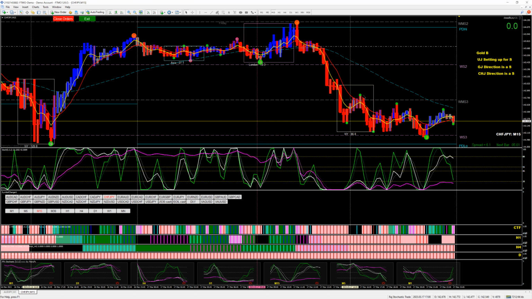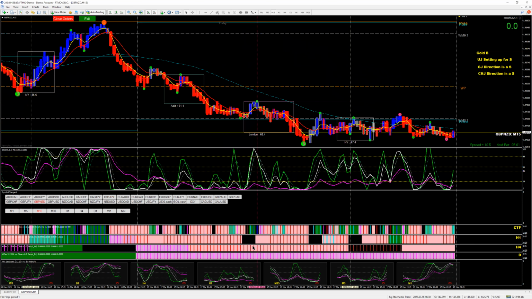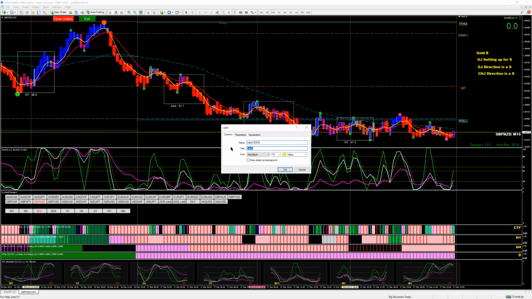Next one in my list is Pound New Zealand. Pound New Zealand is getting ready to sell. Because this has turned, this is red, this is red, this is a sell already. So Pound New Zealand sell.